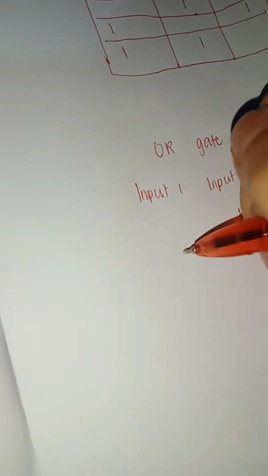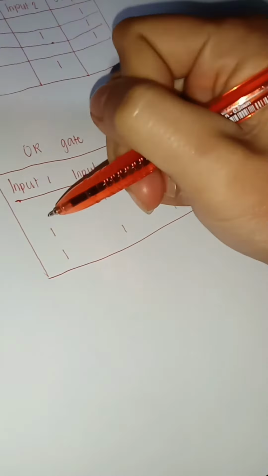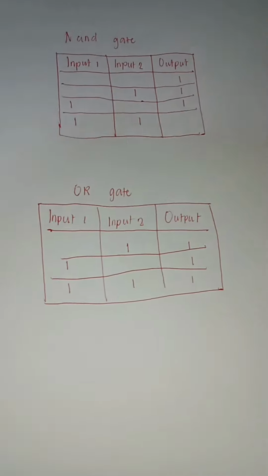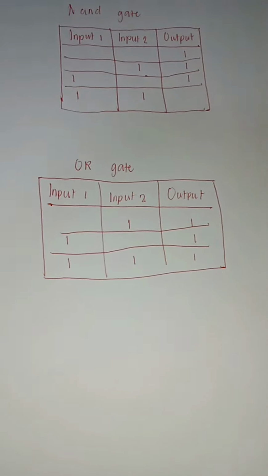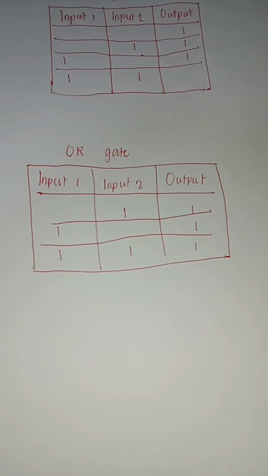So next, we have the OR gate. The OR gate gets its name from the fact that it behaves after the fashion of the logical inclusive OR.